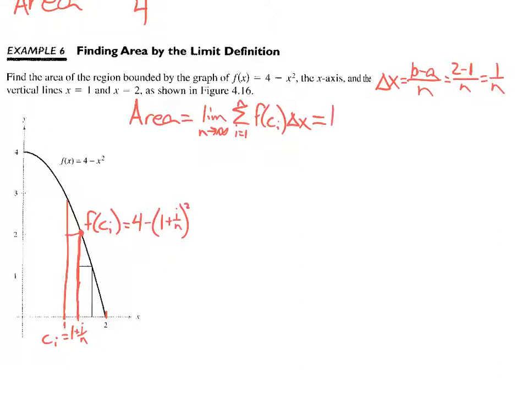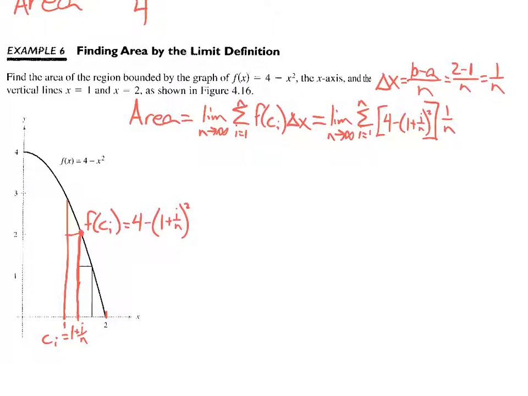So now I'm taking the limit as n approaches infinity of the sum from i equals 1 to n of f of c sub i. So we have 4 minus (1 plus i over n) squared, all times 1 over n.